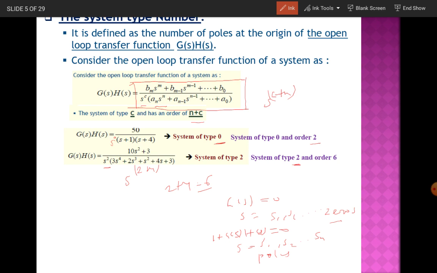Normally for a system, the poles mainly determine the characteristics of the system. That is why we get the characteristic equation from the denominator term. I hope you understand the concept of order and type of system, then poles and zeros of a system.